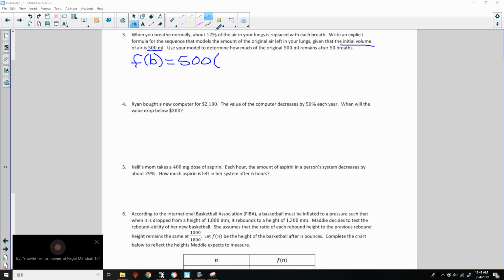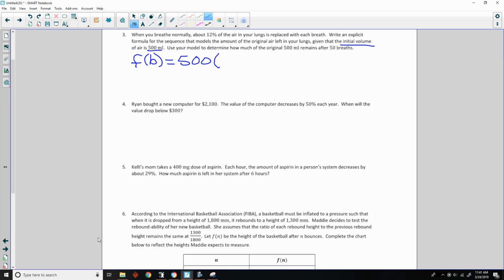Our 12% of air in the lungs is replaced with each breath. That means 88% is not, so it's 0.88, to the power of N, or in this case B. We're doing F of B, breaths, to the power of how many breaths we take.